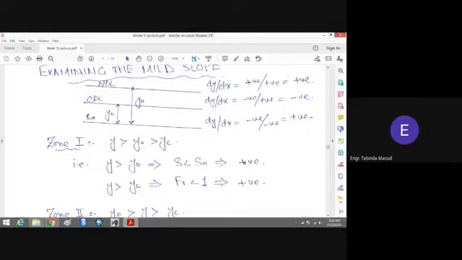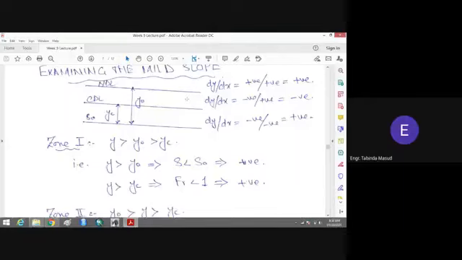Means we have a positive value of dy by dx in zone number 1, and thus we are going to have a backwater curve when the flow is in zone number 1 on a mild slope. And this is the situation which never changes. Whenever on a mild slope the flow is in zone number 1, you will always get a backwater curve.